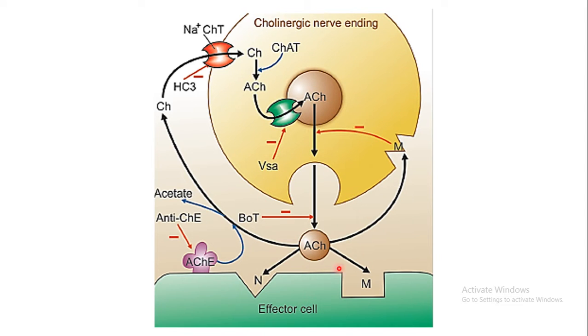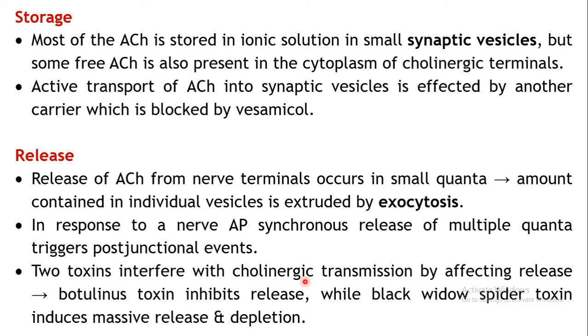So there is a gap. The signal which is brought by this nerve is carried through this acetylcholine. It will bind to appropriate receptors on the effector cell, or to the receptor on the next neuron, and transmit the signal. So whenever any signal comes, the acetylcholine will be released into the cleft, or the synapse, by the process of exocytosis.